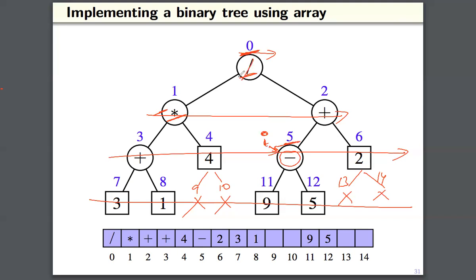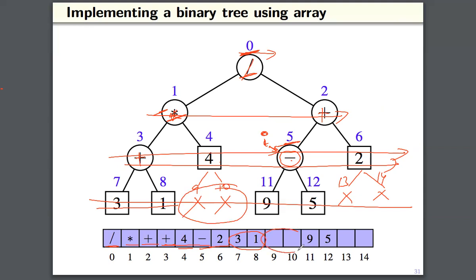So you store this one, and then multiplication, plus, 4, minus, division, multiplication, plus, 4, minus, 4, minus, 2, 4, minus, 2, and then what else you have? Minus, 2, 3, 1, 3, 1 is here, 2 holes here.